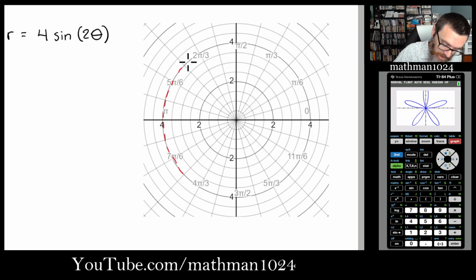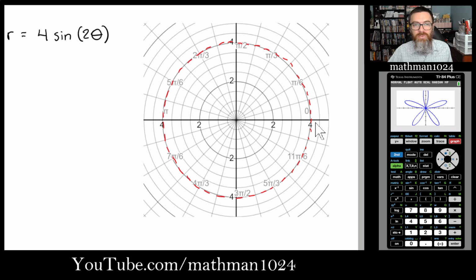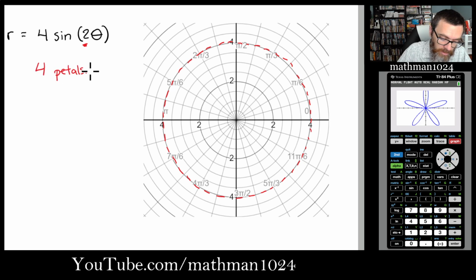So I know that the tips of my petals will never be beyond this, because the max that sine can be is +1, the lowest it can be is -1. All right. Now, because we have a 2 right here, and it's even, that means that we're going to have 4 petals. So if n is even, you double that number, and that's how many petals you're going to have.